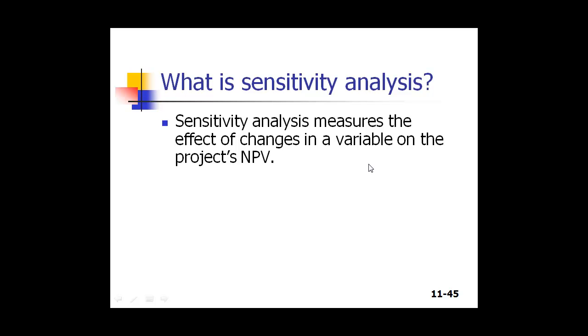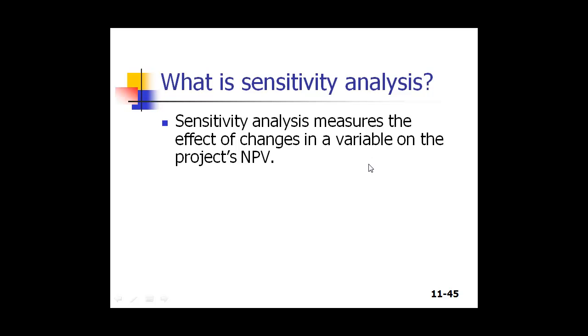So those are all variables. What sensitivity analysis says is you vary one variable at a time and then figure out what's the impact on NPV. So just qualitatively speaking, if economic conditions are good and you can sell for more than $3 a unit, what impact will that have on the NPV?